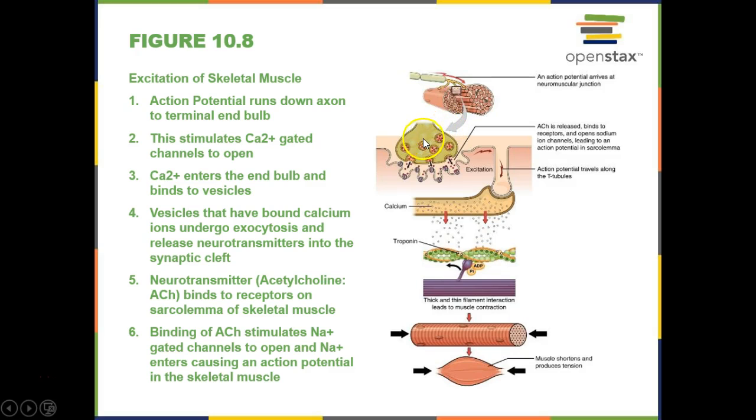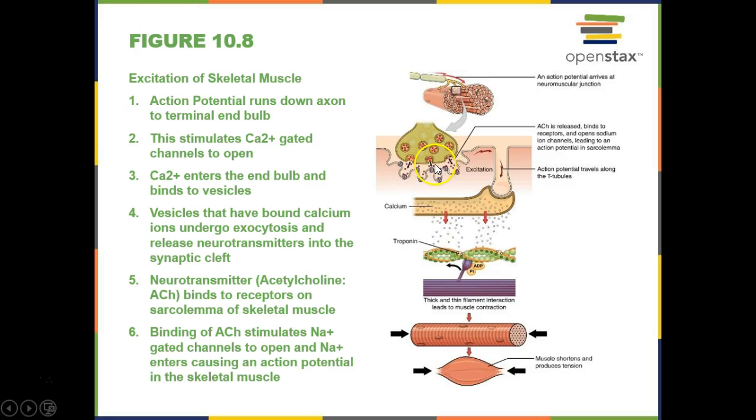Calcium is going to rush in, and calcium has to bind to these little vesicles. The vesicles that have bound calcium are then going to bind to the plasma membrane of the axon, and they're going to release their neurotransmitter, which in this case is acetylcholine, into the synaptic cleft via exocytosis.